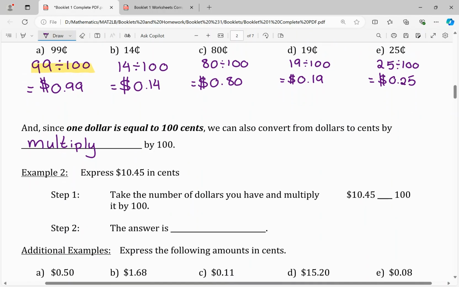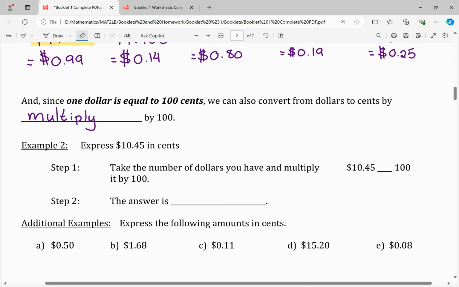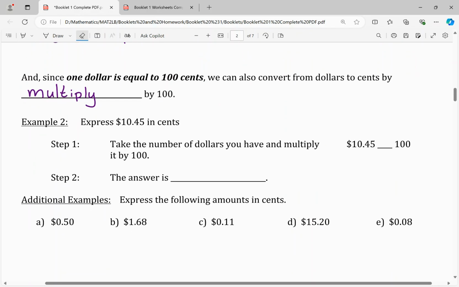Instead of going from cents to dollars, we're going from dollars to cents. In order to do this, our number has to get bigger. So we do the opposite of division, which is multiplication. Please remember that multiplication is the X symbol on your calculator. If you need help using your calculator at any point during this lesson, please just call me over and I will help you out.